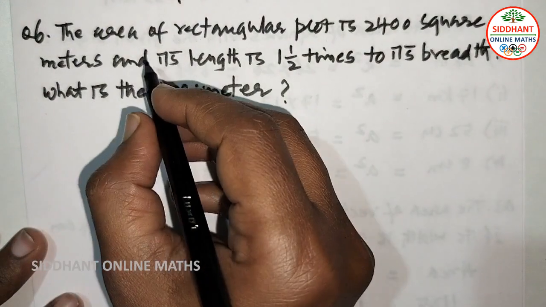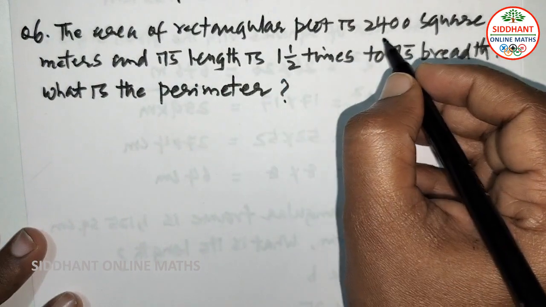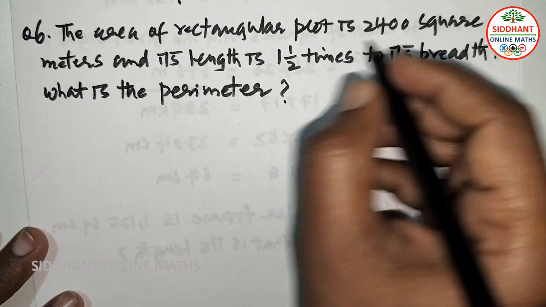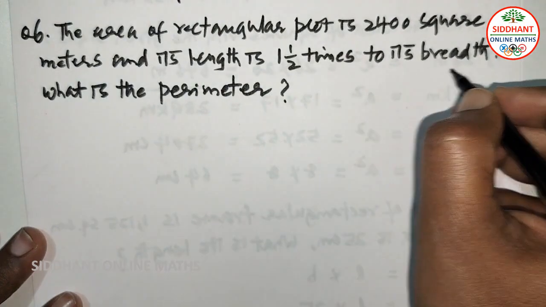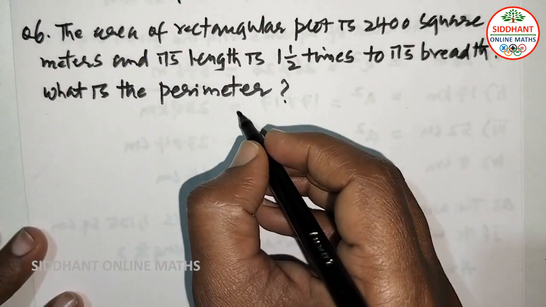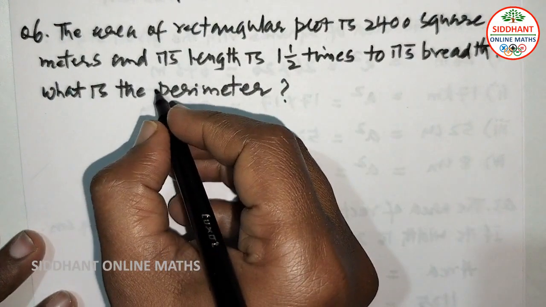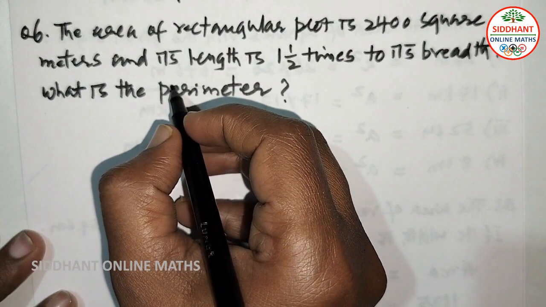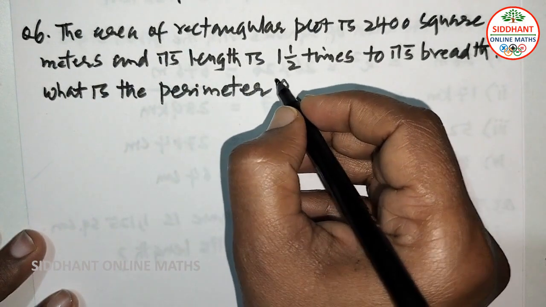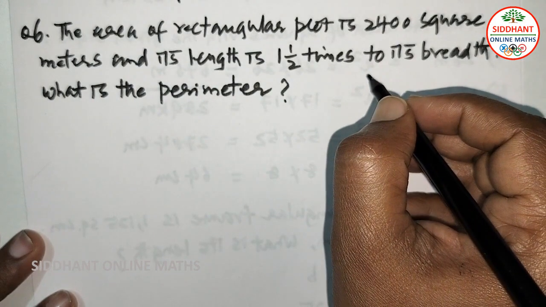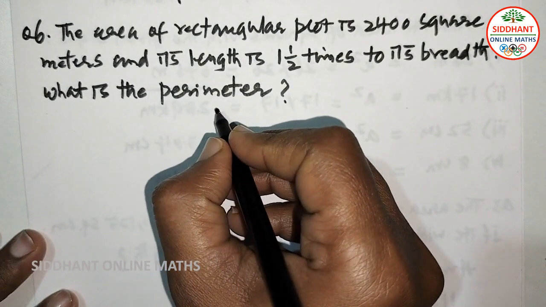Question number 6. The area of rectangular plot is 2400 square meters and its length is 1.5 times of its breadth. What is the perimeter? So here first we are going to see the given data is area, and we are going to find the length and breadth of the rectangle. After that we are going to find the perimeter here.